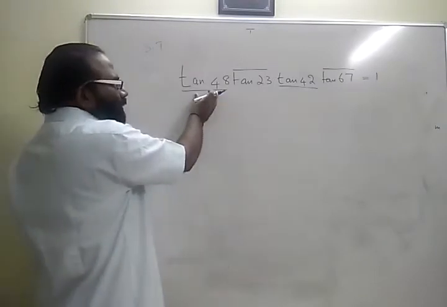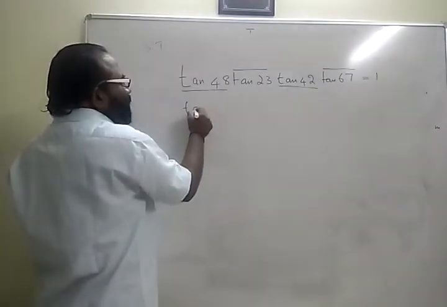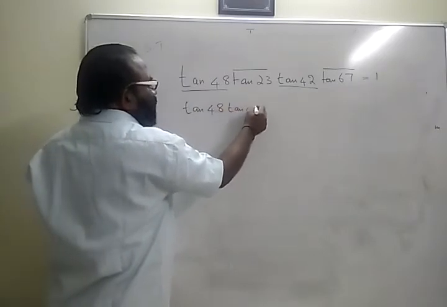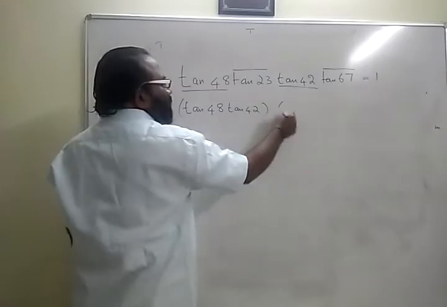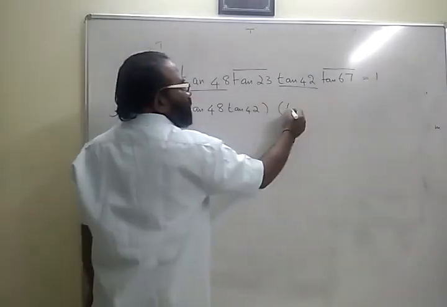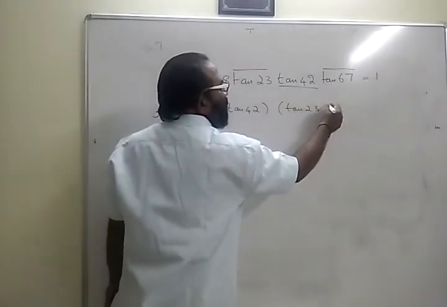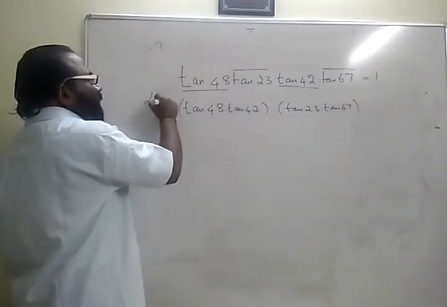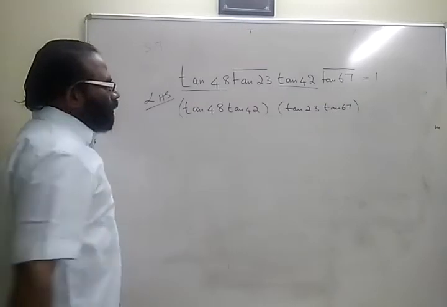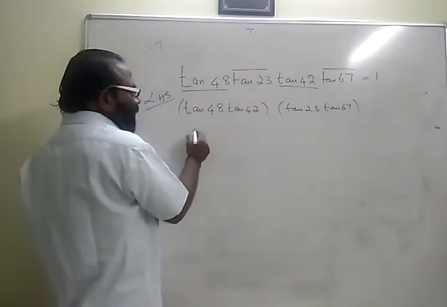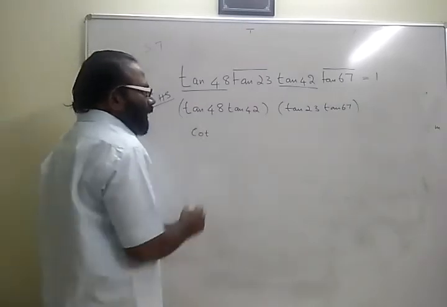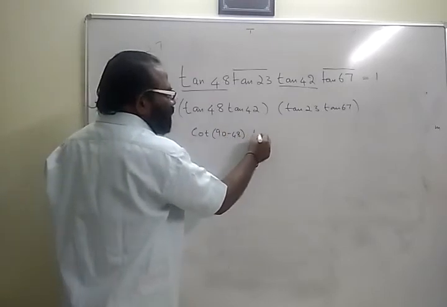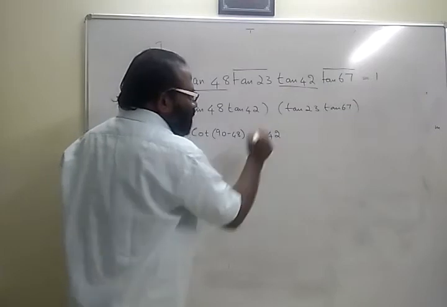So let me bring them both together. So tan 48 into tan 42, and tan 23 and tan 67. These are in degrees. I'm taking the left hand side. Now the tan 48 can be written as cot 90 minus 48 into tan 42.